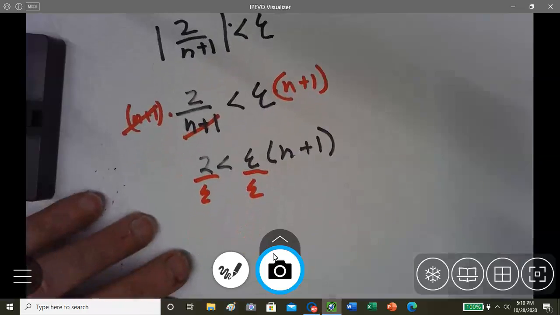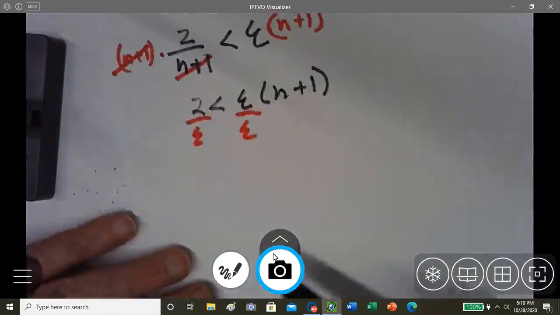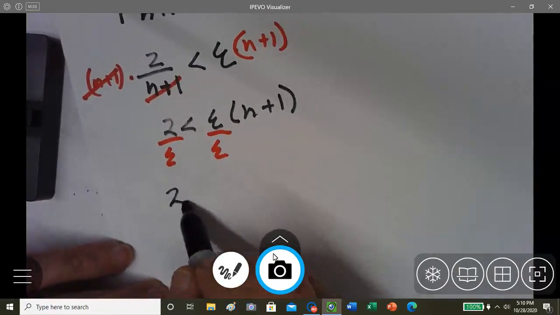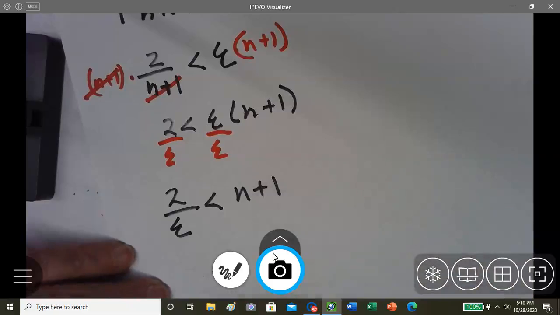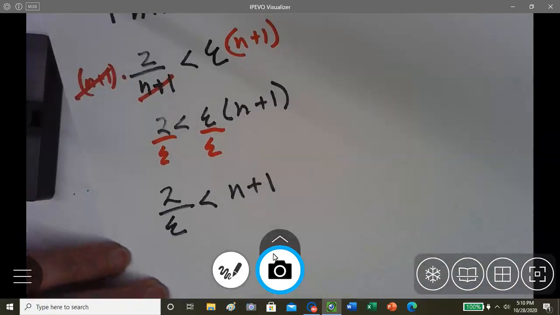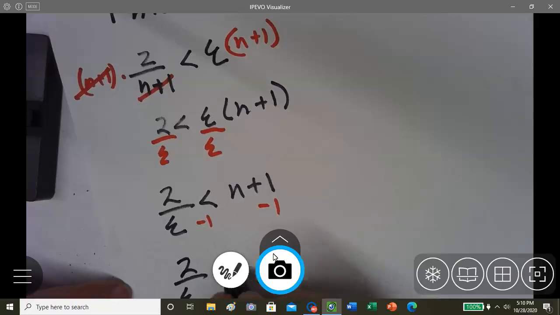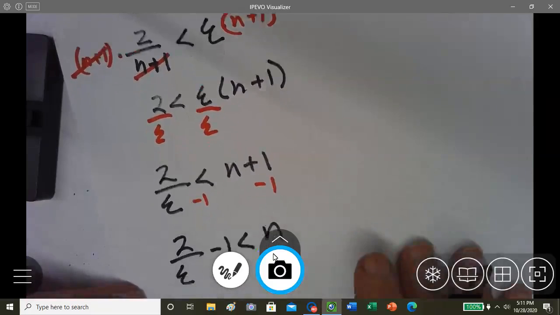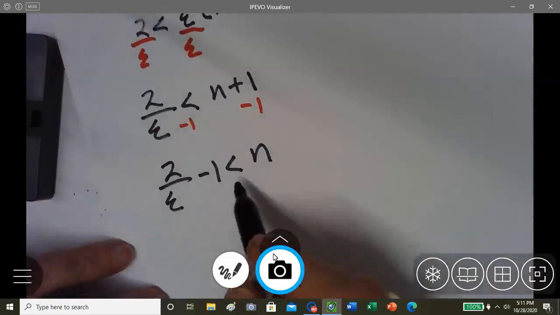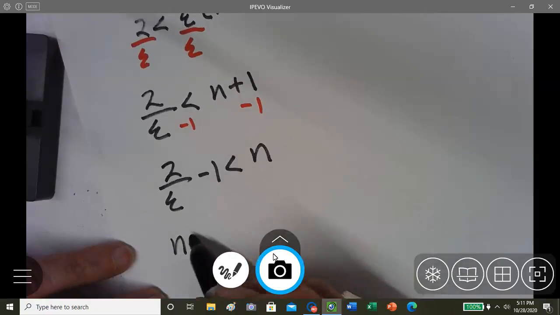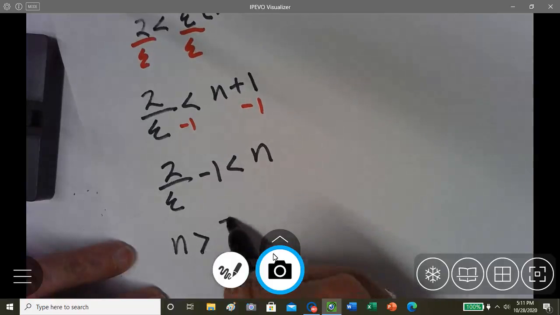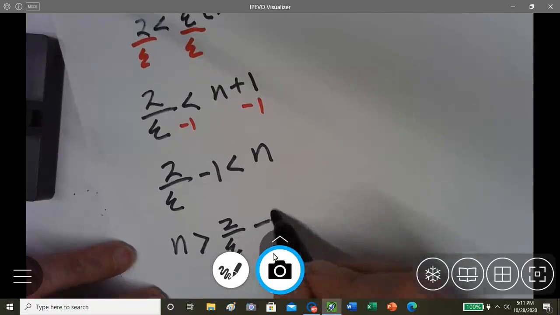And so we get 2 over epsilon is less than n plus 1. Now we apply minus 1 to both sides, and so we get 2 over epsilon minus 1 is less than n. So that's the same thing as flipping it: n is on the larger end, so n is greater than 2 over epsilon minus 1.